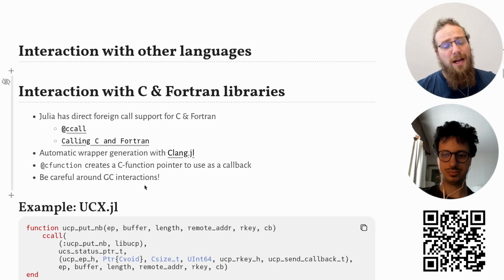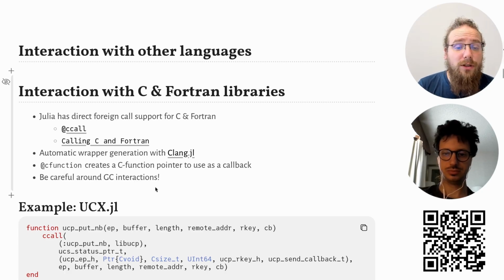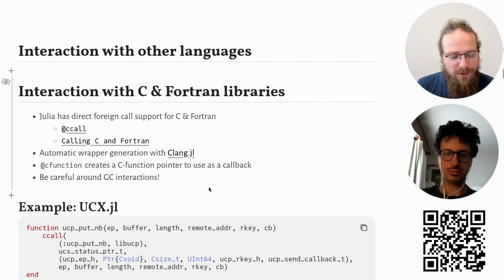If you want to do that for a lot of different functions, you probably don't want to write these wrappers by hand. So we have an automatic wrapper generator called Clang.jl that basically parses the C header and then generates the mapping Julia code from it. You can also use the @cfunction macro to create a callback, so a raw C pointer that you can pass into a shared library, as an example, and then call back into Julia from that.